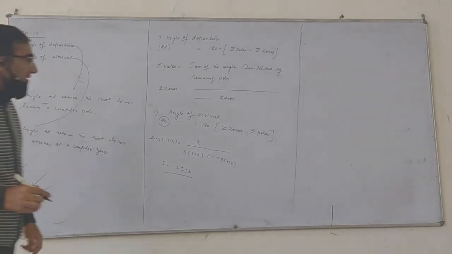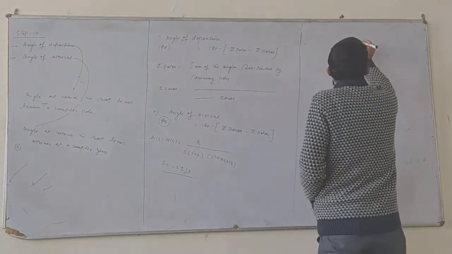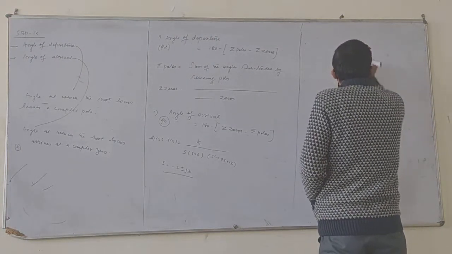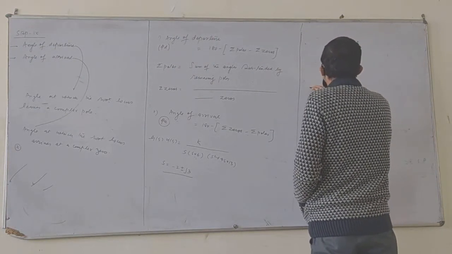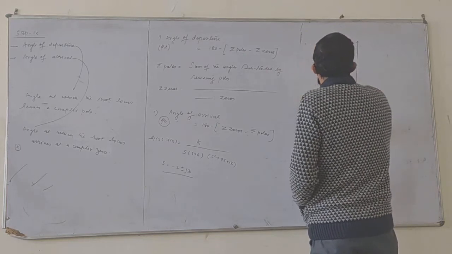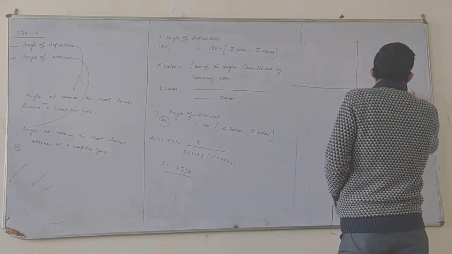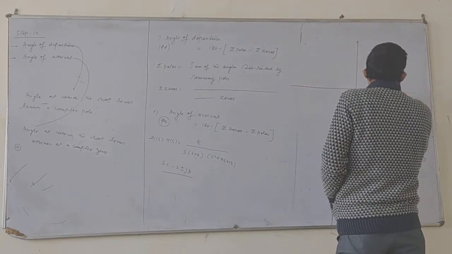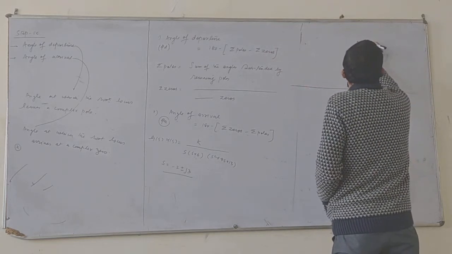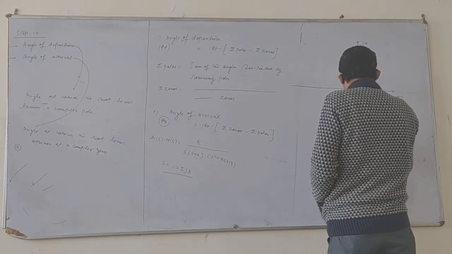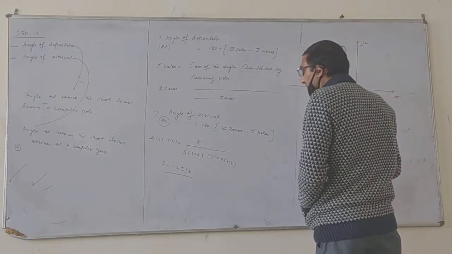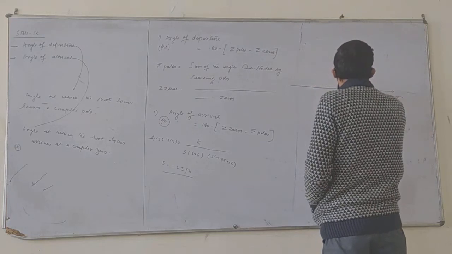So let's see how we do it. Draw the pole zero diagram. Now, we have the origin pole, only poles we have.